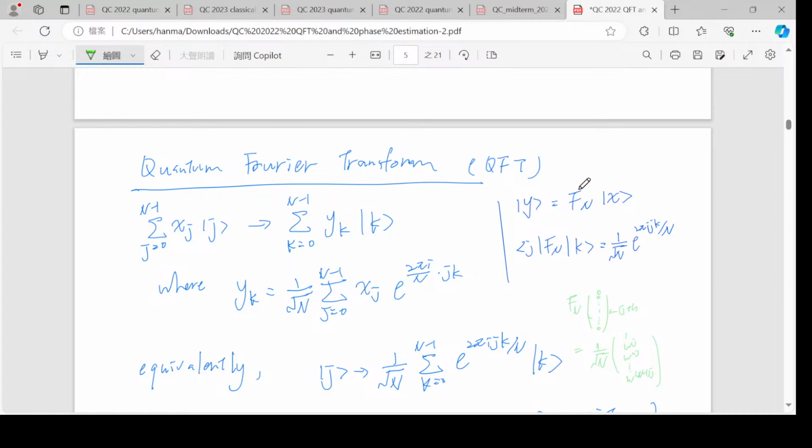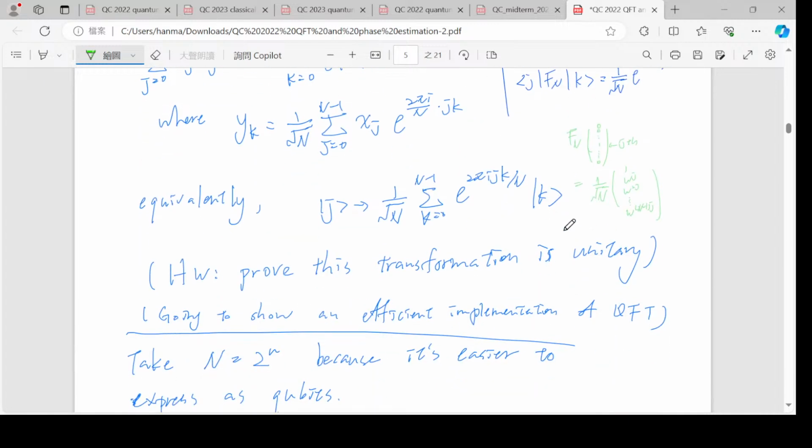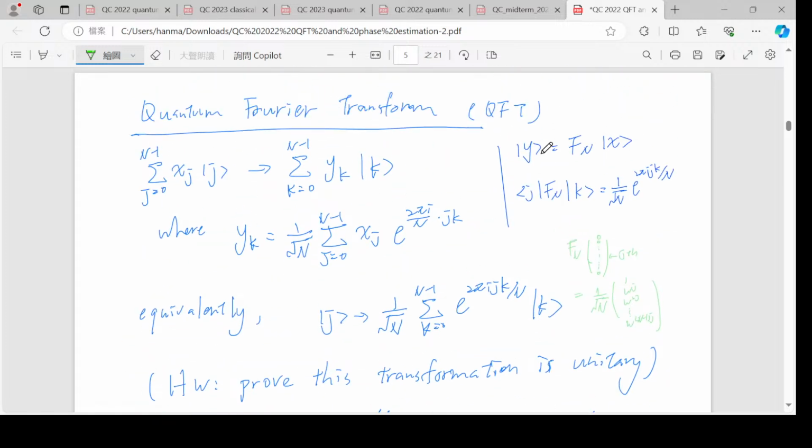Because this matrix is unitary, we can think of it as a quantum gate. Now we want to construct this F_n efficiently through our basic quantum gates.